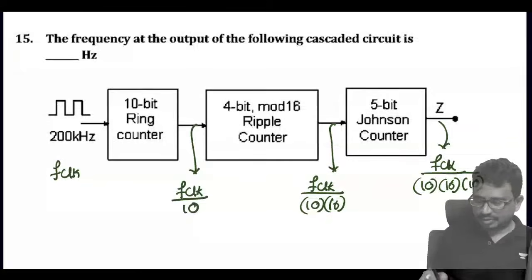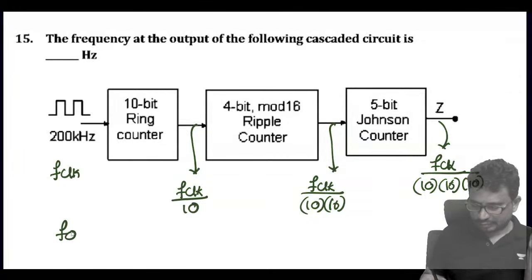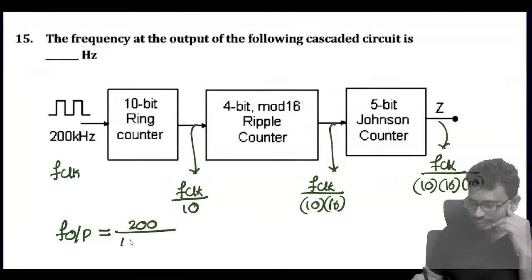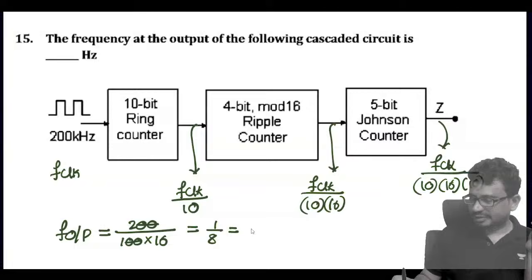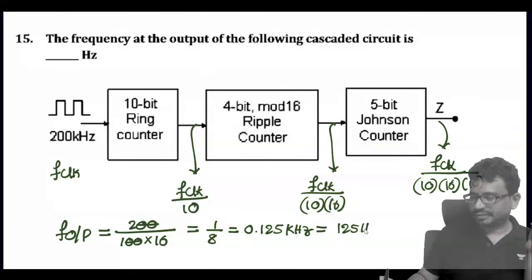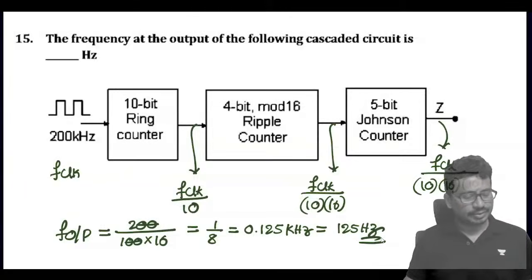So then how much is the output finally? So 200 by 100 into 16. So 100 will get cancelled. This is 1 by 8. How much will come now here? 0.125 kilo. If I want Hz, then what is it now? 125. Correct only now?